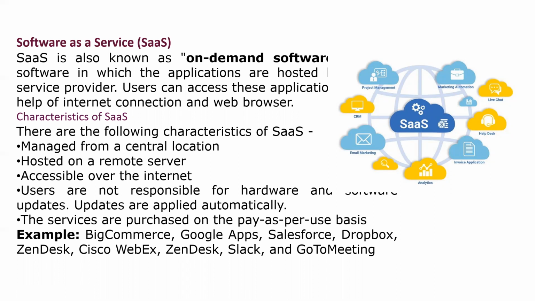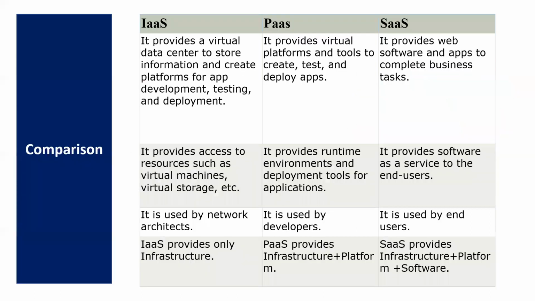These can be purchased by the user. Examples of service providers are Google Apps, which you are using, Dropbox, Cisco WebEx. All these are examples of software as a service using cloud computing.